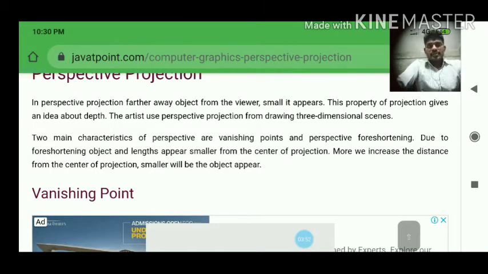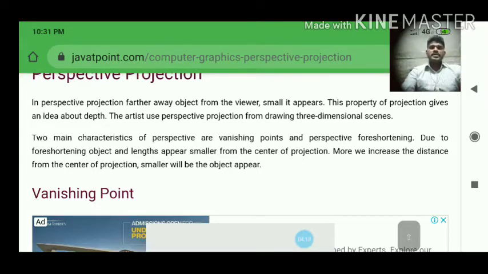In perspective projections, the farther away an object is from the viewer, the smaller it appears. This property of projections gives an idea about depth. Artists use perspective projections for drawing three-dimensional scenes.